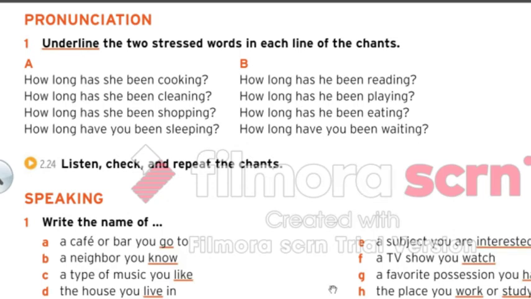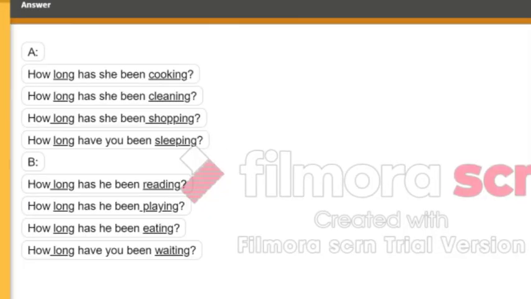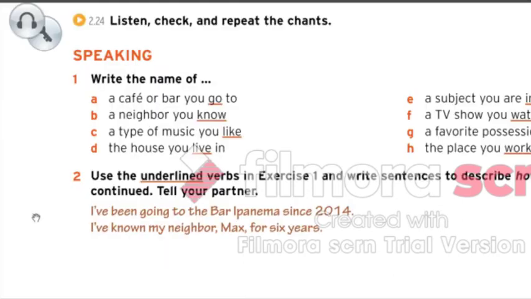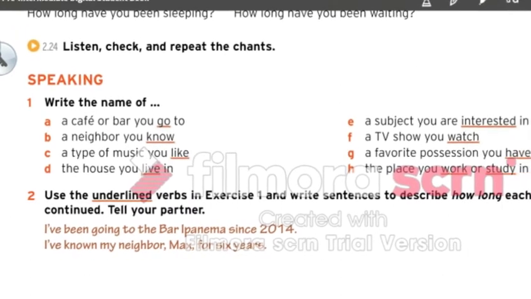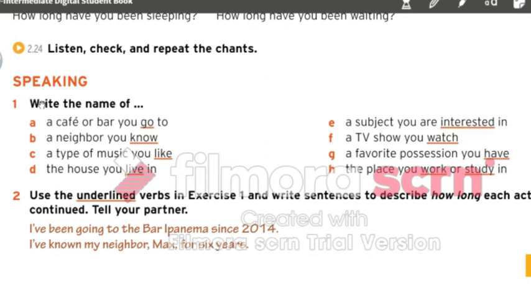Well done. So let's take a look at the stressed words. As you can see, they are these words. Excellent. All right, now moving on, we have the last topic of this unit, which is a speaking topic. Let's see, in the first exercise, it says, write the name of, and here we have 8 different categories.